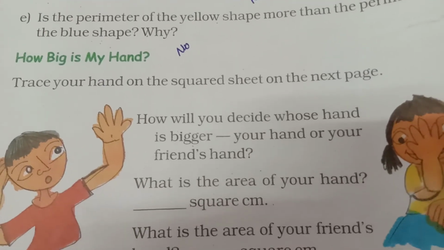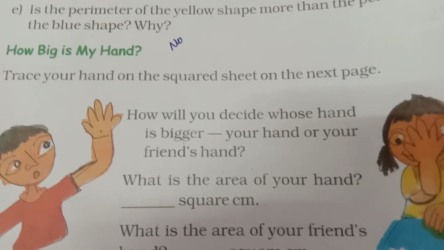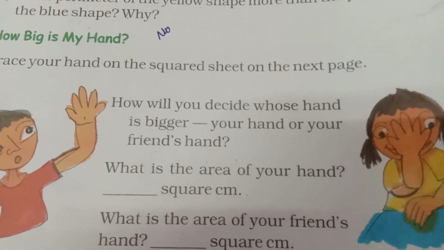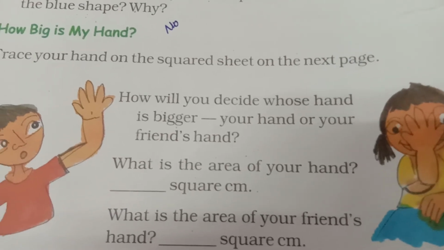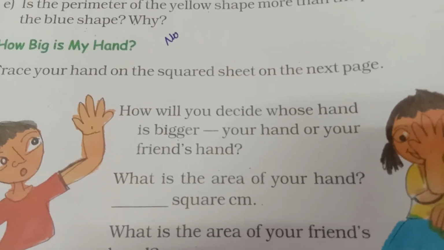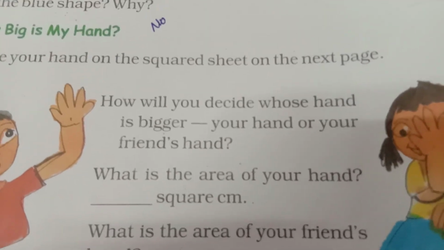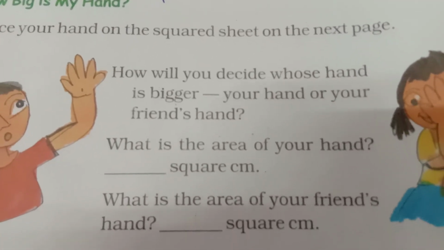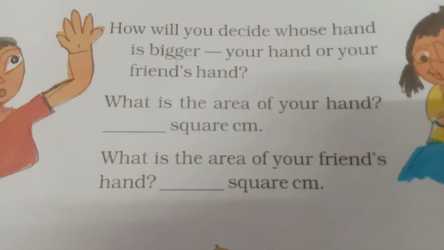How will you decide whose hand is bigger, your hand or your friend's hand? So how can you decide, children, whose hand has the bigger area? Yes, by finding the area of your hand as well as your friend's hand. What is the area of your hand? Dash square centimeters.